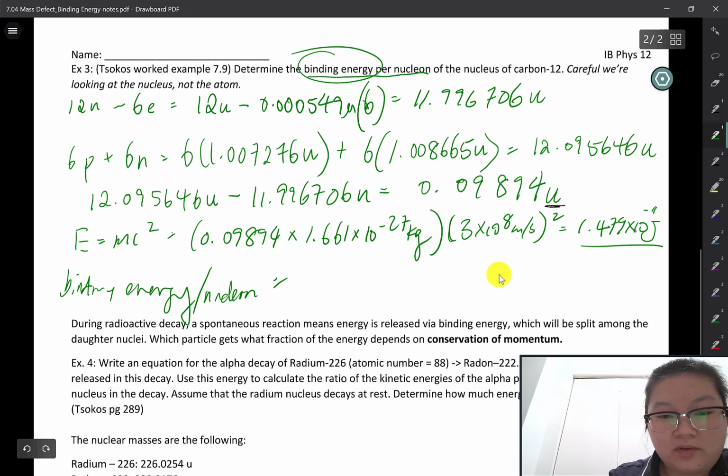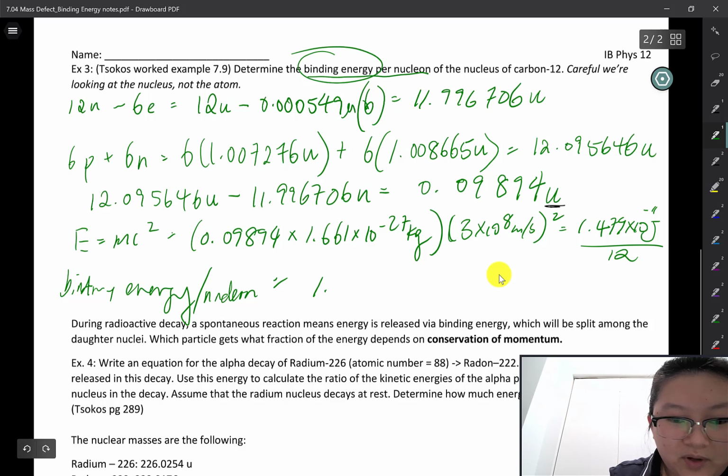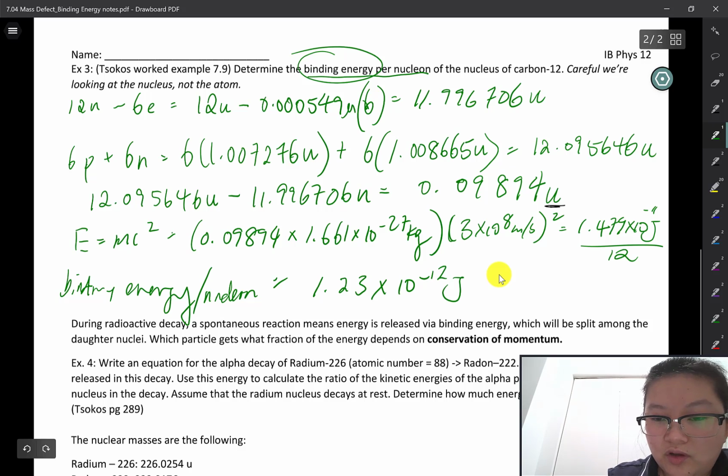This is going to be whatever this is divided by 12, which is 1.23, to three significant figures, times 10 to the power of negative 12 joules per nucleon.